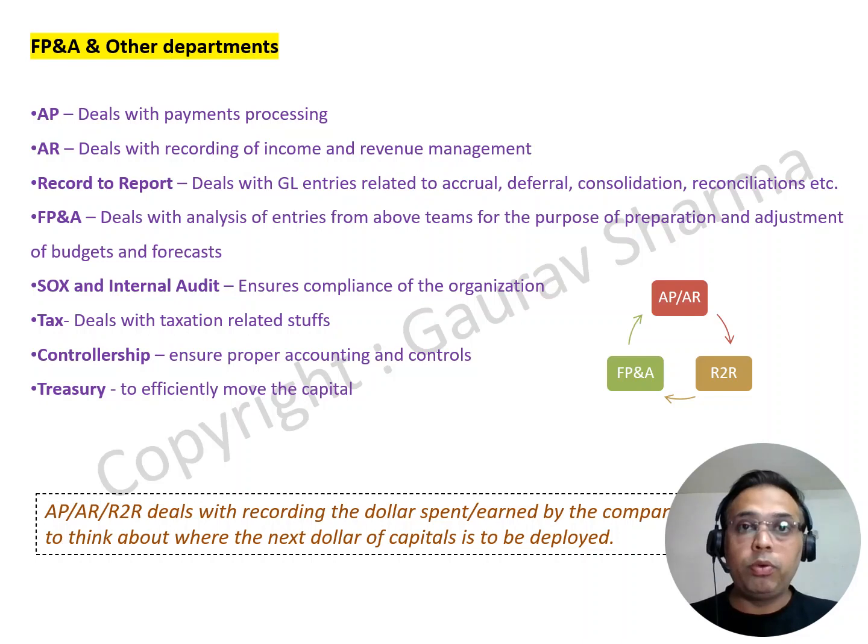I hope you know the difference between a subledger and a general ledger. Just in case you don't, I'll explain it in brief. A subledger is something that holds a massive number of transactions. Picture an AP department in a big corporate company: the department may be receiving hundreds or maybe thousands of invoices in a day or in a week.